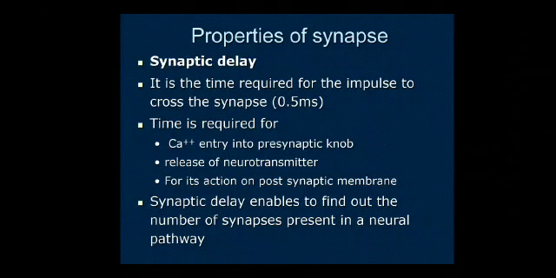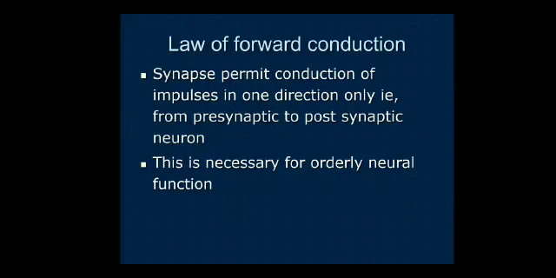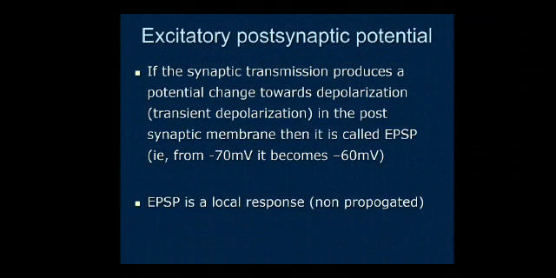Okay, so these are the properties of synapse. But before going to this, we'll see the excitatory postsynaptic potential and inhibitory postsynaptic potential. Excitatory postsynaptic potential means, if the synaptic transmission produces a potential that moves towards positivity, that means lesser negative, that is called excitatory postsynaptic potential.